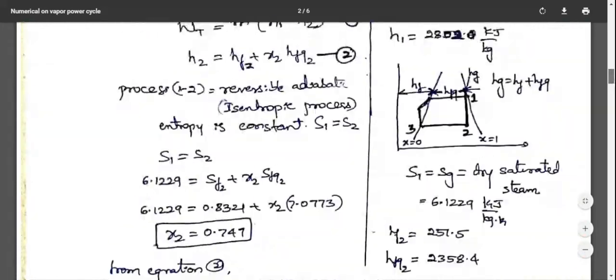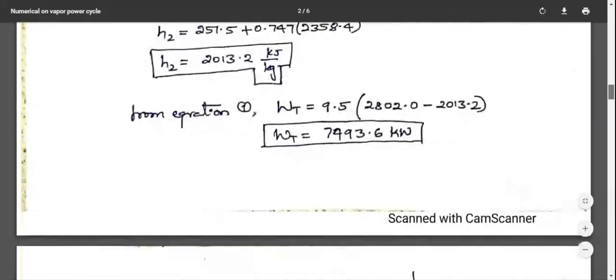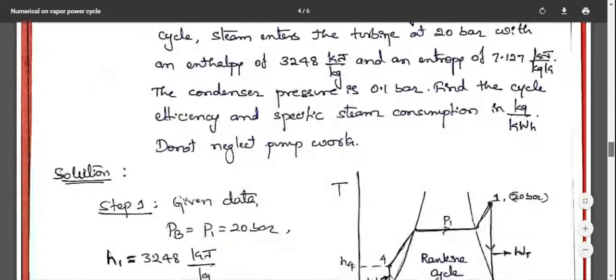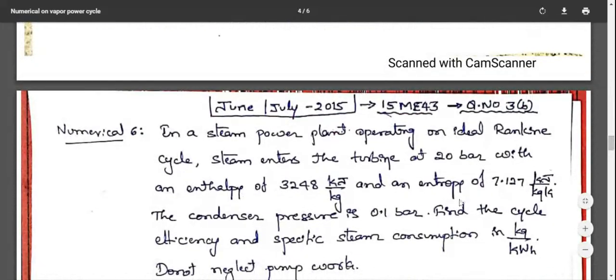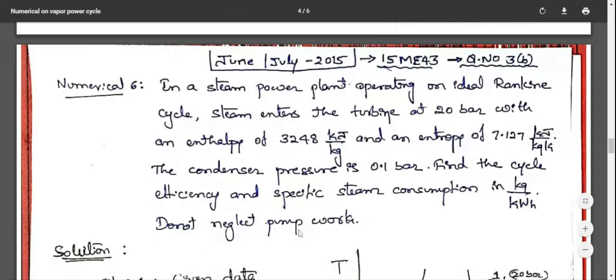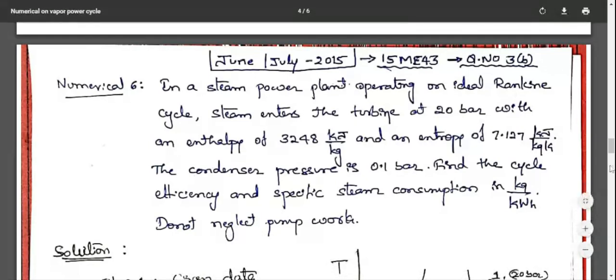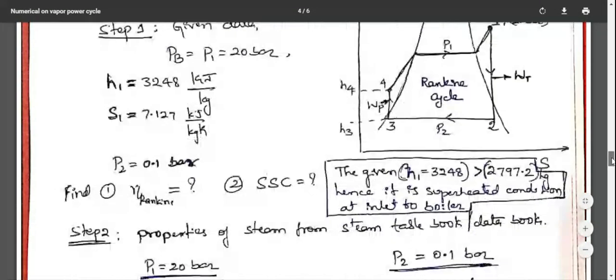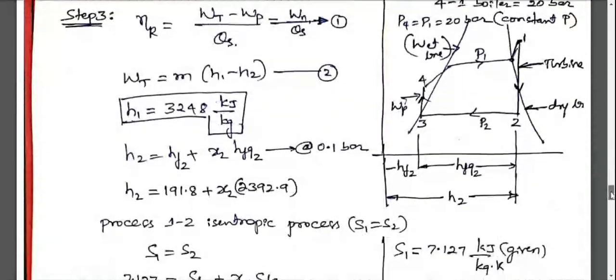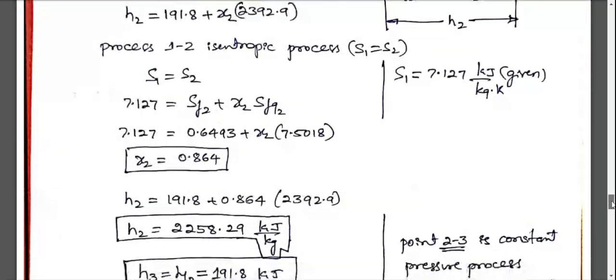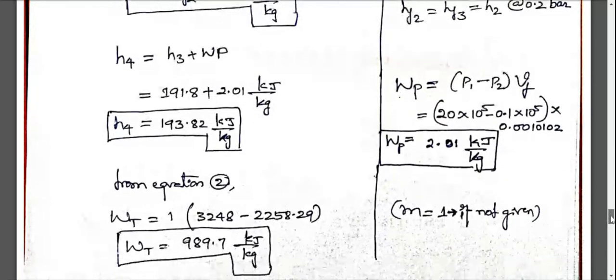At the given condition, he has said in the definition of the problem, do not neglect pump work. But in some numericals, he will ask you to calculate the efficiency of the Rankine cycle neglecting pump work. The reason is that the work done by the pump is small compared to the work done by the turbine.